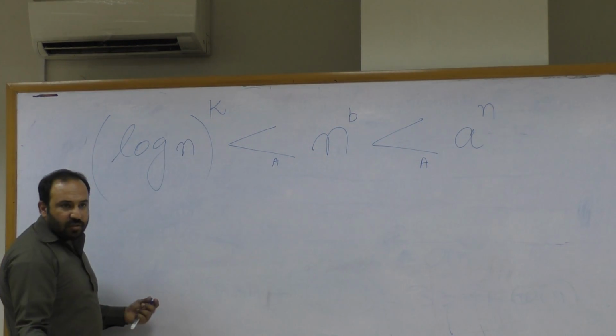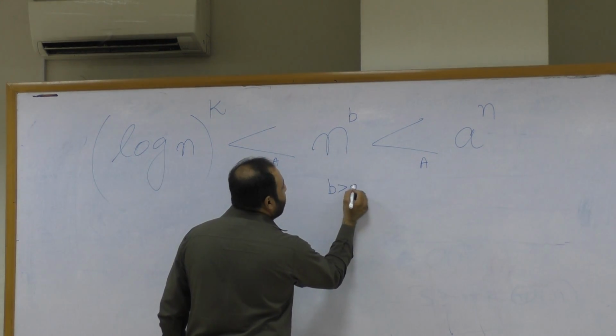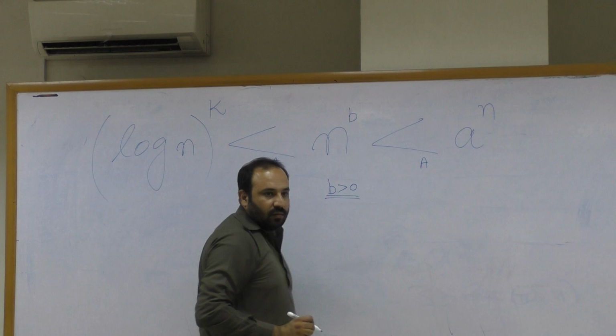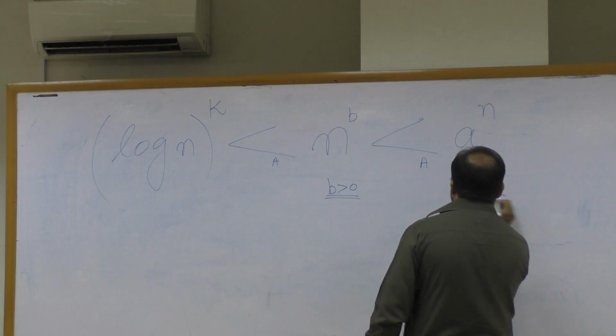Whatever K you choose, no problem. B should be greater than 0, and A should be greater than 1.